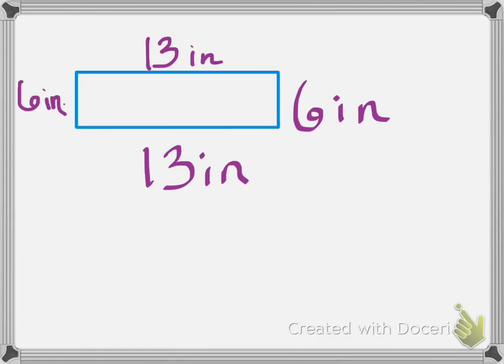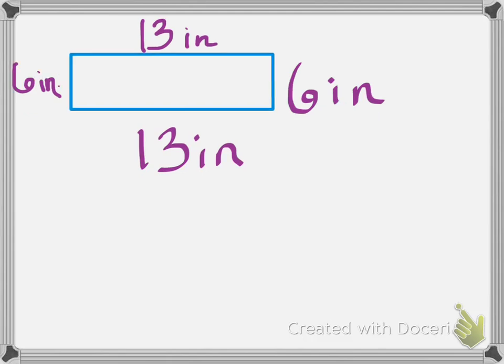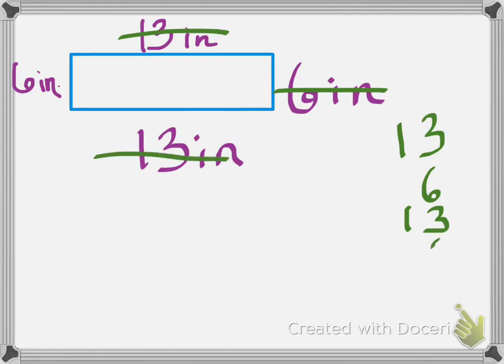And now all we have to do is add up those four sides. So let's go ahead and add them up. We have 13, cross it off because you used it, 6, cross it off because you used it, 13, cross it off because you used it, and 6, cross it off because you used it. And then add them all together. 3 plus 6 is 9, 3 plus 6 is 9, and 6 plus 6 is 12.